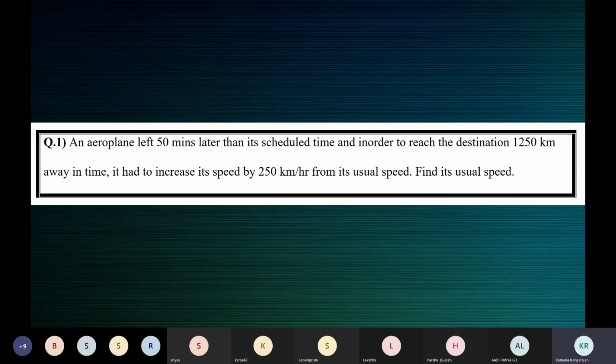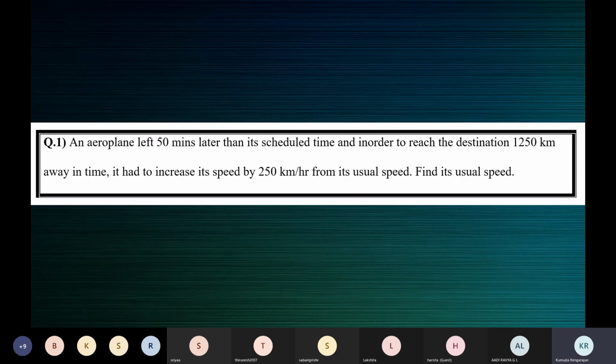Now, when we are talking about speed and distance, what is the other quantity related to these two terms? Time, ma'am. So now we want to find the time. Now, case one, when the distance is 1250 kilometers and the usual speed is x kilometers per hour, what's the time taken?